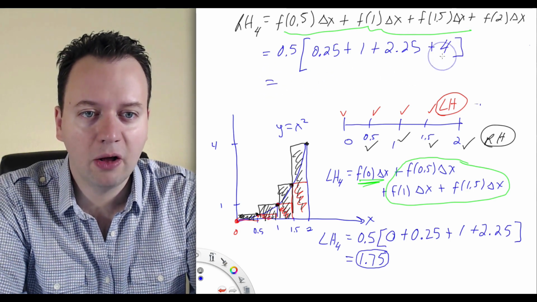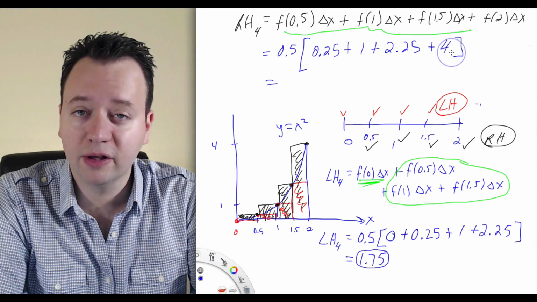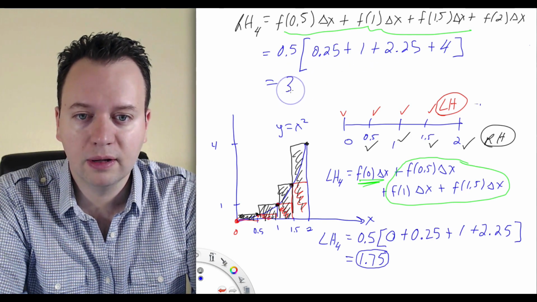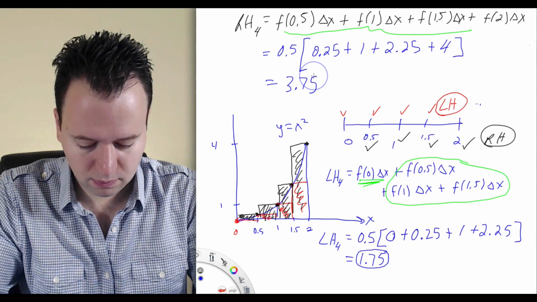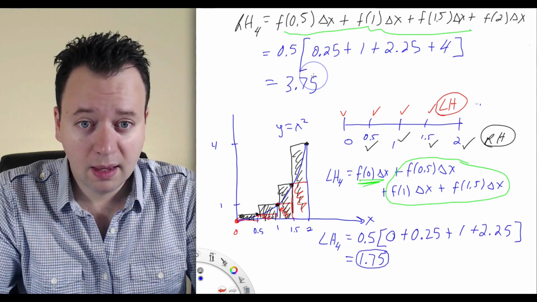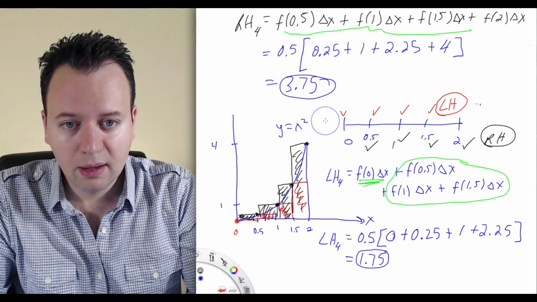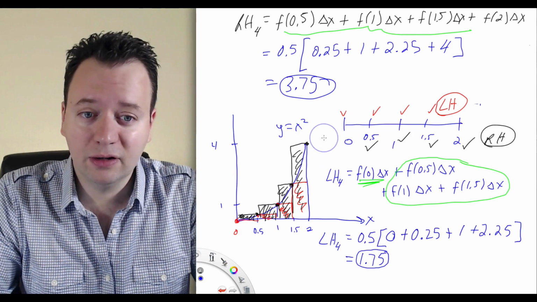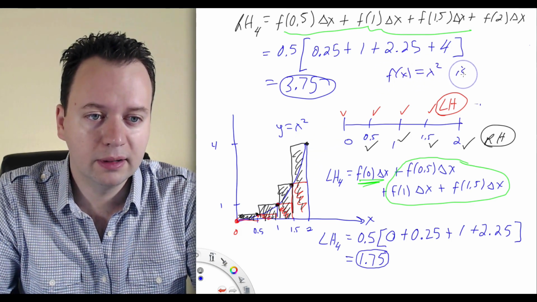So now when I add all this together, I get 3.5 plus 4 is 7.5, divided by 2 is 3.75. And so the right-hand Riemann sum is equal to 3.75. Now, the function x squared is an increasing function. So f of x equals x squared is increasing.